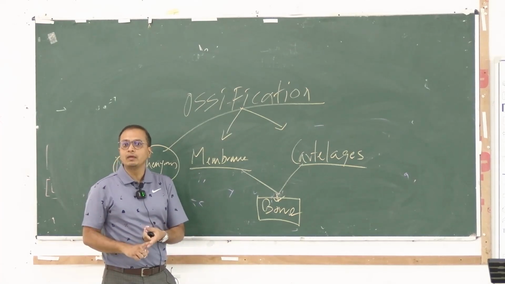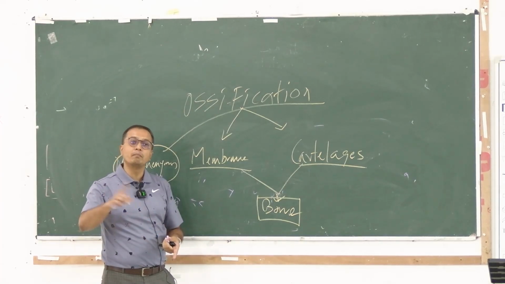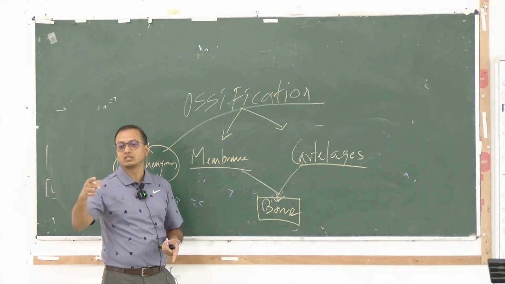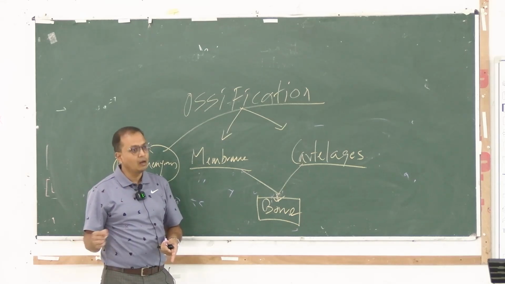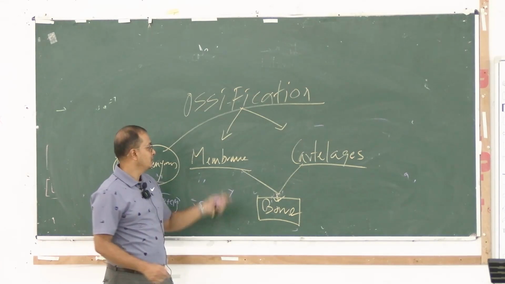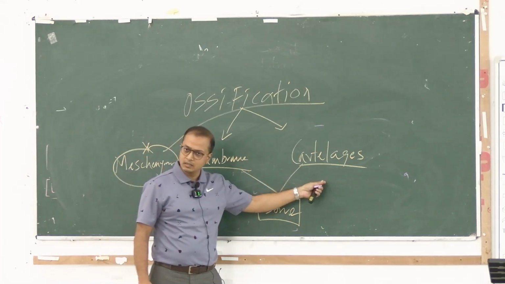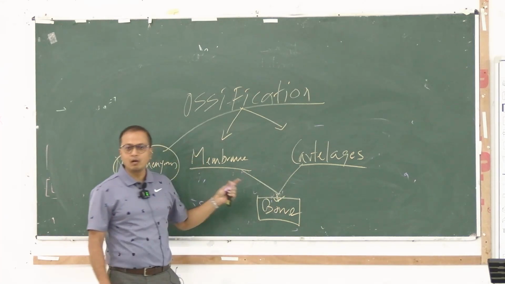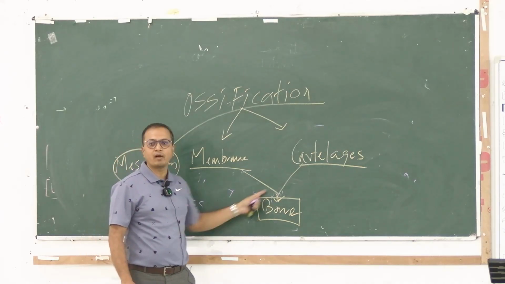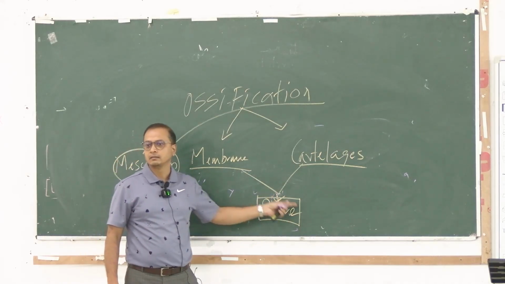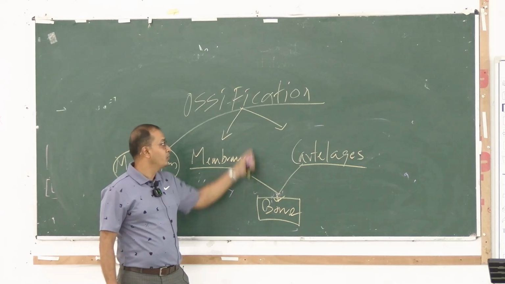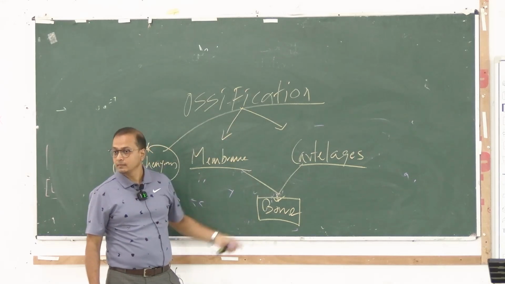If both of them contribute, we call it membrano-cartilaginous ossification. Clear? So the logic is that it may be formed from membrane, or cartilage, or both, and the final element is the bone. How they are formed, we call ossification.